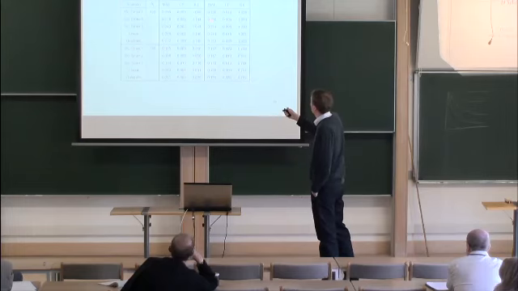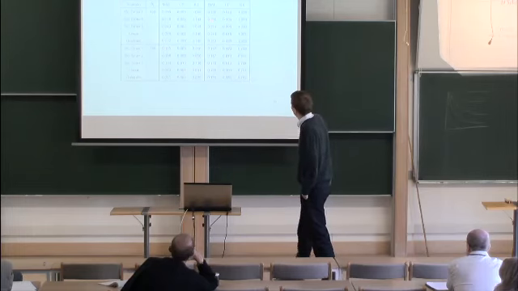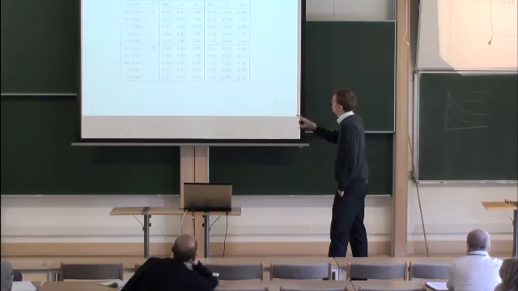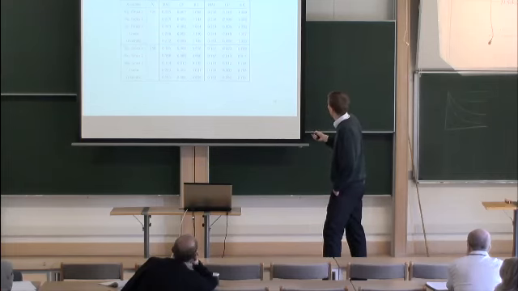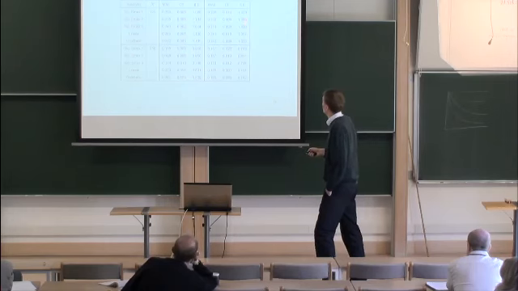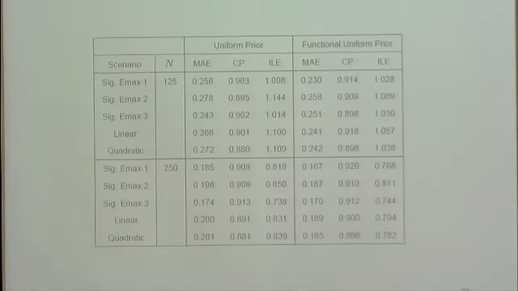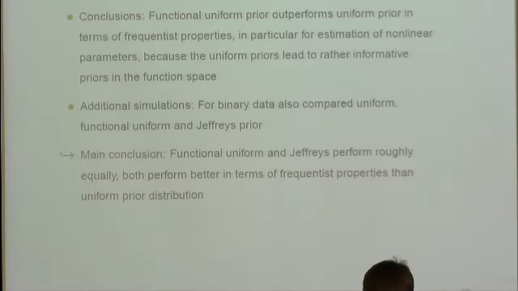And the last column here is the interval length, so the average length of the credibility interval, and you can see that the functional uniform prior leads to a shorter credibility interval length, but has the same or an even larger coverage probability, which is I think a nice property from the frequentist perspective.